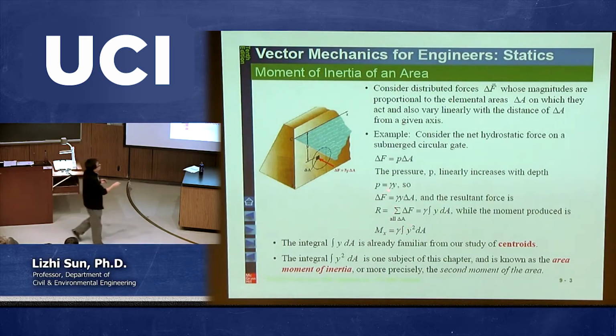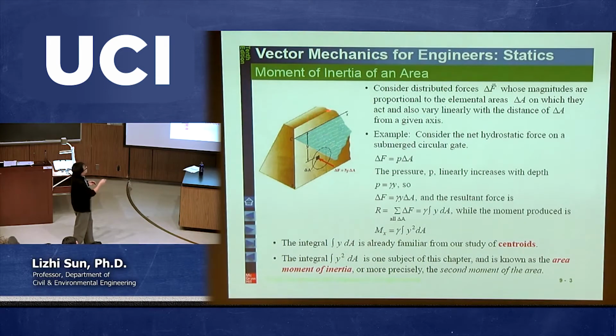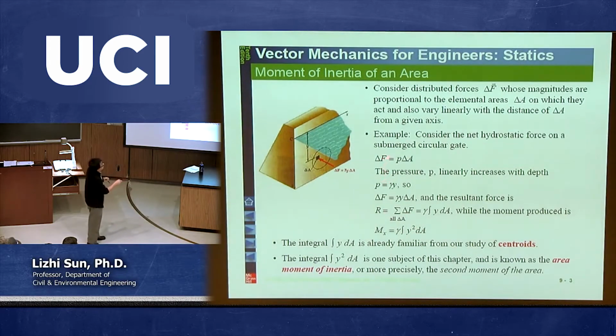So for example, you already have the pressure everywhere. Now we want to calculate the moment of this pressure on this dam. So then not only do you need to have this R, you need to further multiply with another Y, because each tiny force is multiplied with another Y to get the moment of that tiny force at that point.